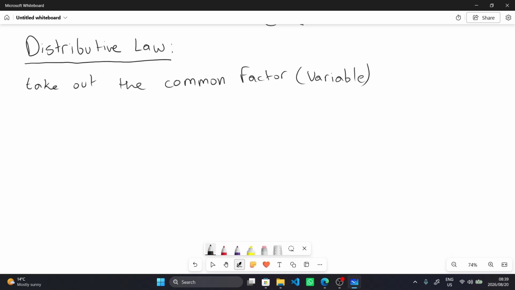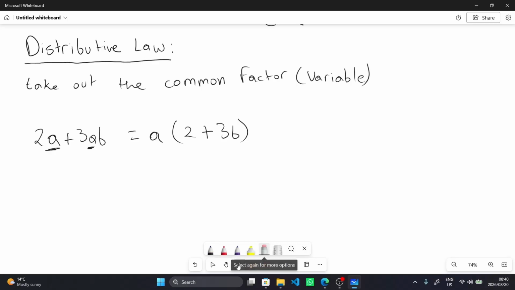Taking out the common factor means, let's say you have something like 2a plus 3ab, right? If you want to simplify this, we take out the common factor, and in this case the common factor is a. So we take a out, and that will be a times 2 plus 3b, right? So distributive law simply means you're taking out the common factor to simplify the equation.